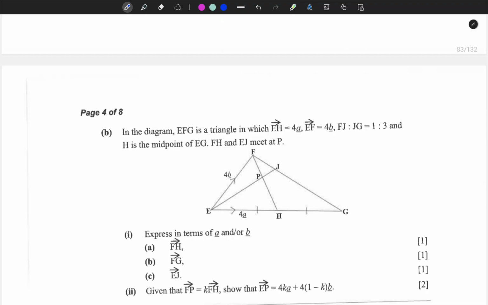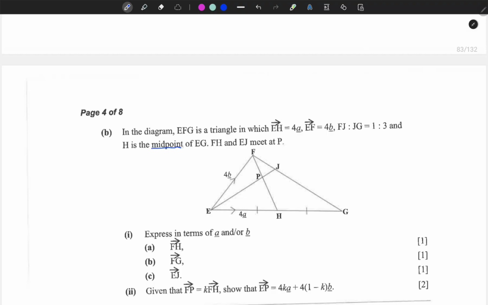We are told in the diagram EFG is a triangle in which EH is equal to vector 4A, EF is equal to vector 4B. We are also given the ratio FJ to JG is equal to 1 to 3, and H is a midpoint.